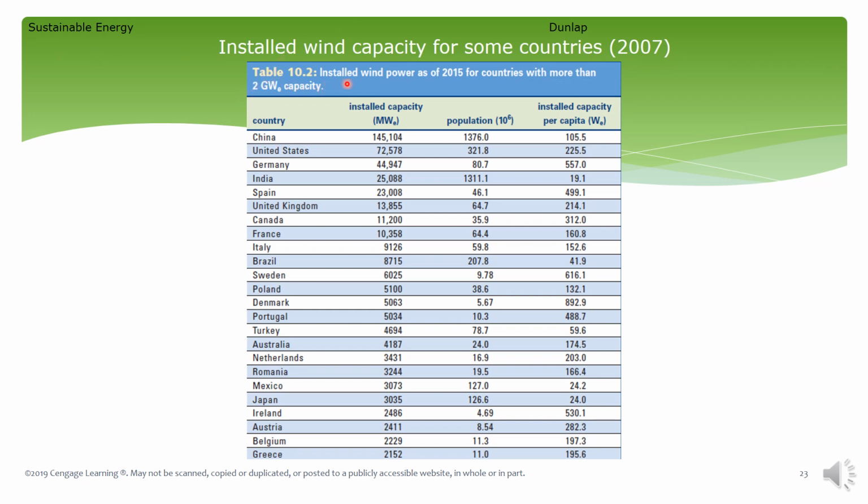This table shows installed wind power as of 2015 for countries with more than 2 gigawatt capacity. China has the best installed capacity, and installed capacity per capita means the installed capacity per one person in a country, and China has a lot.